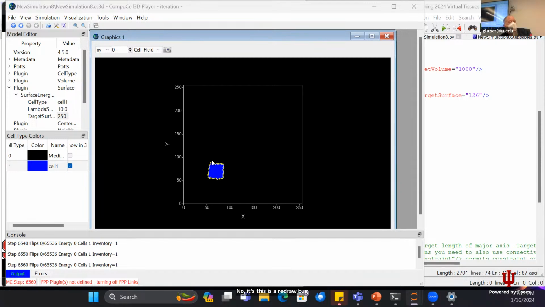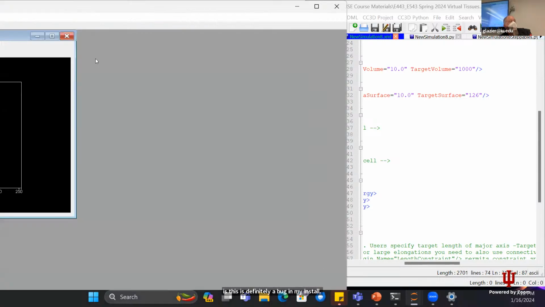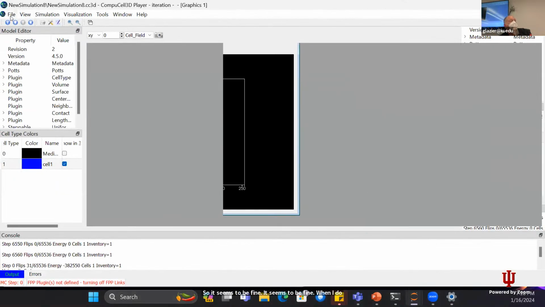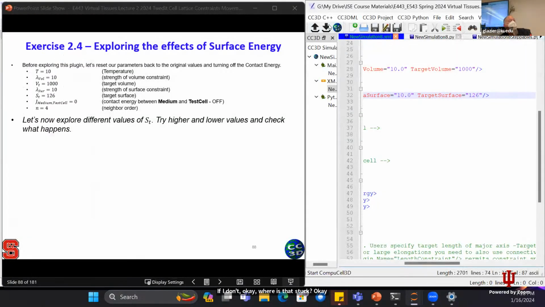Is it working for other people? This is definitely a bug in my install. So it seems to be fine when I do it with... if I don't, okay, where is that stuck? Okay. I'm going to try again.